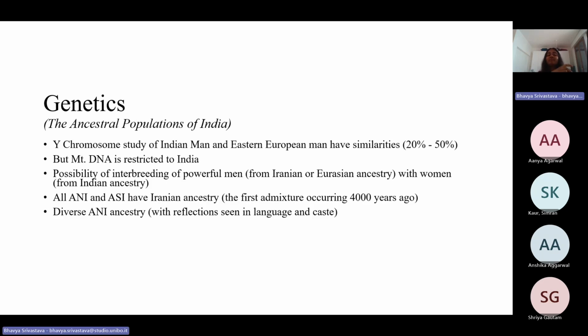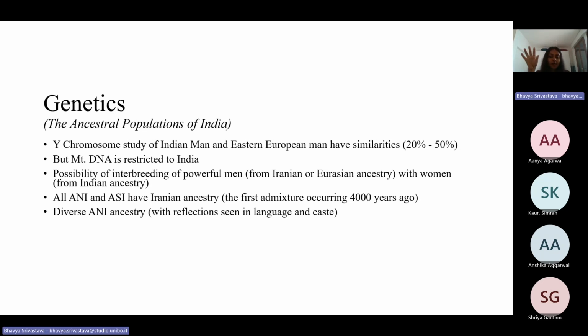When more analysis was conducted on the Indian DNA, the Y chromosome revealed that Indian men and Near Eastern and Eastern European men have a lot of similarities. It can go up to 50% in certain cases, which means that yes, we did share common ancestors with them.